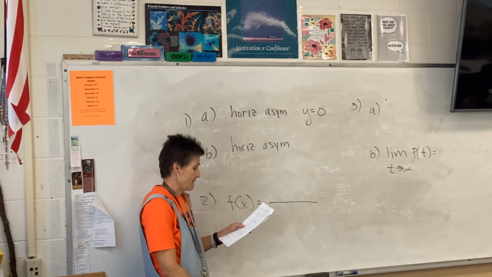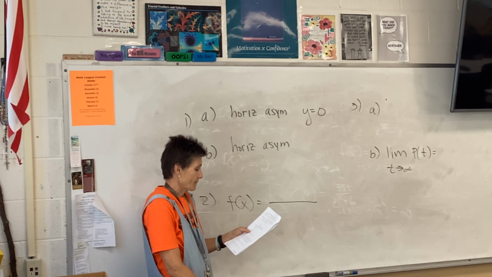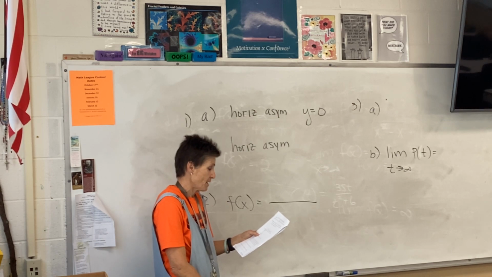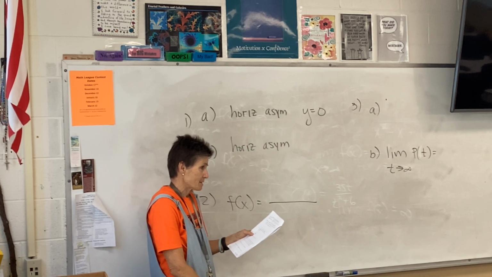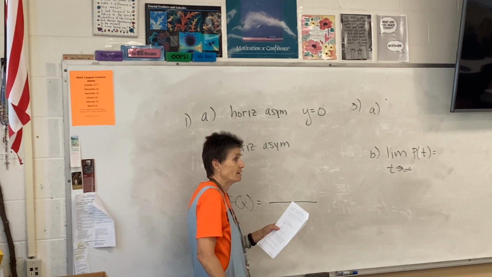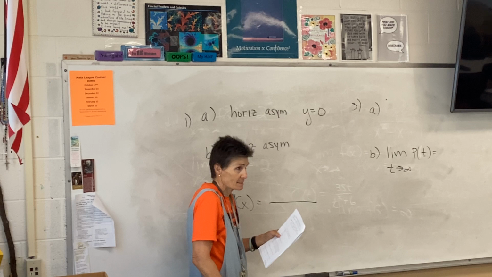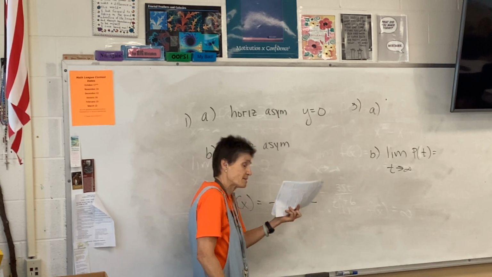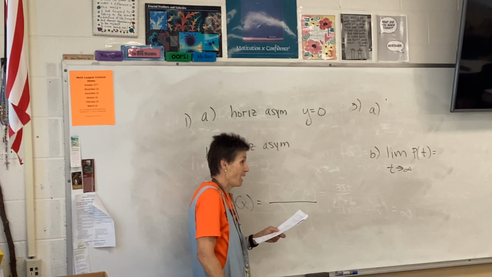How about B? No. The top is x to the fourth, and the bottom is x squared. So there's not going to be a horizontal asymptote, and in fact, there won't even be a slant asymptote, right? That doesn't mean there's no end behavior. Yes, there's end behavior, but it's going to be parabolic of some kind.